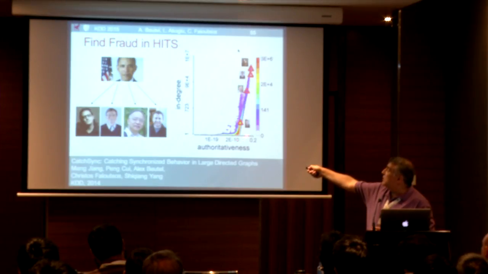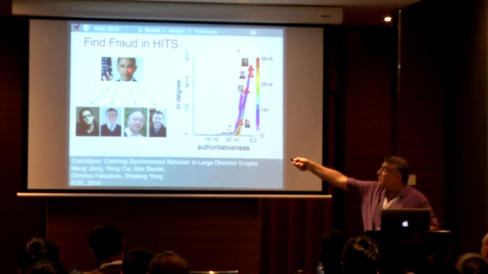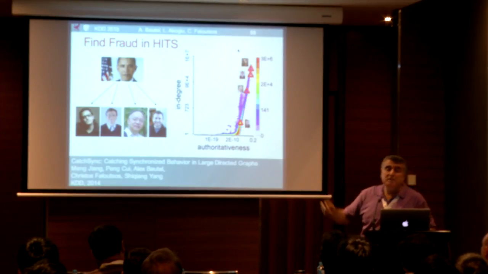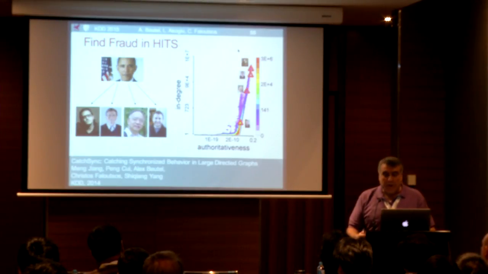So we see that the fictitious Obama user is following people whose dots fall along the J shape. So all the followees seem to be normal. They fall on the J shape, right?